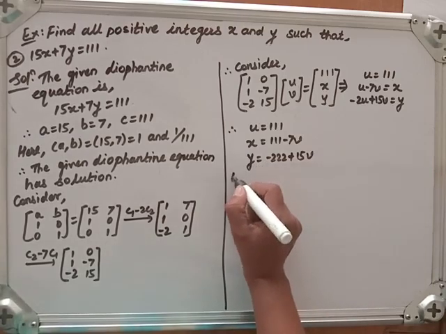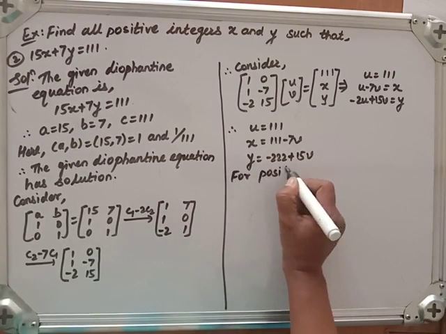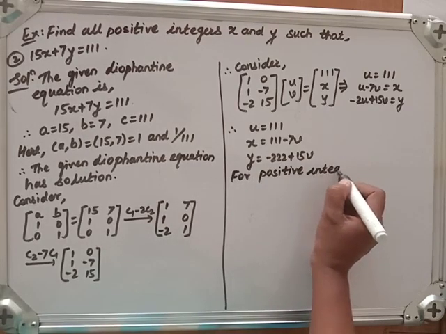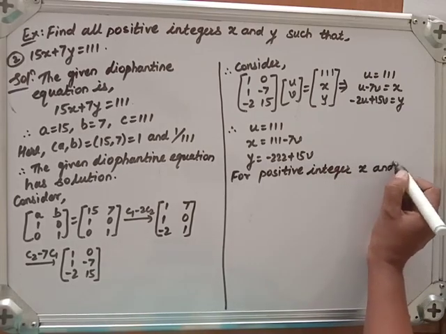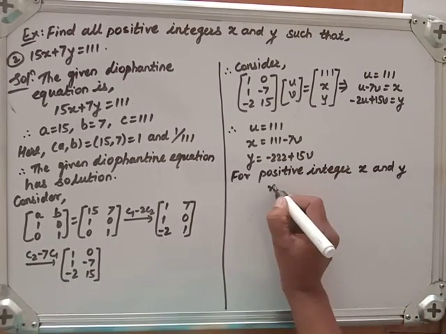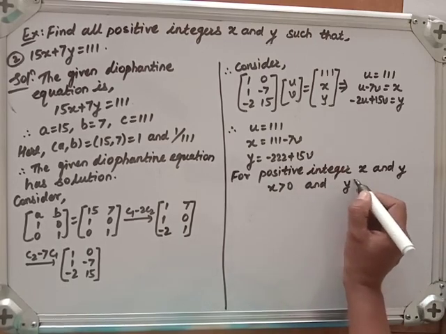Now for positive integers x and y, that is x is greater than 0 and y is also greater than 0.